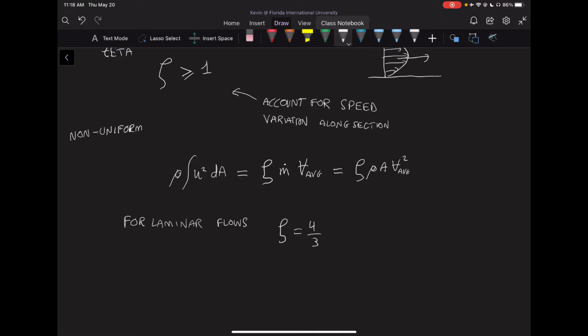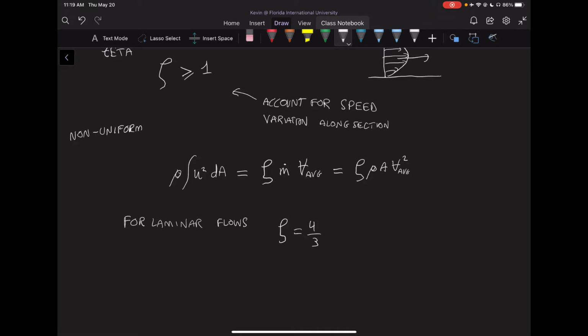And there's also a formula in your book for turbulent flow and a table for turbulent flow given values for velocity. You can find it for turbulent flow at different velocities.